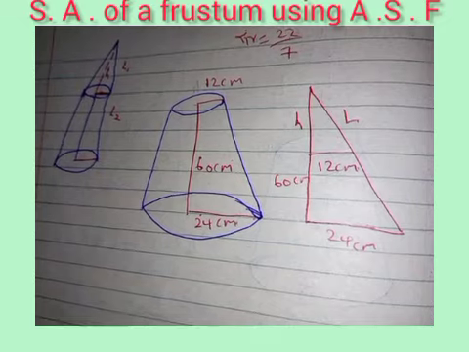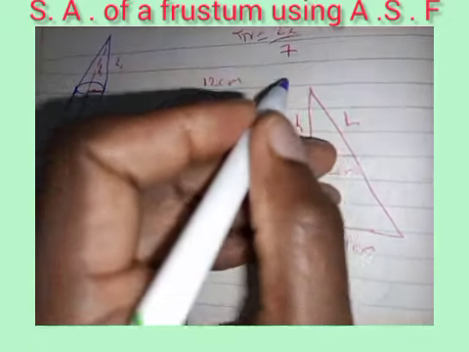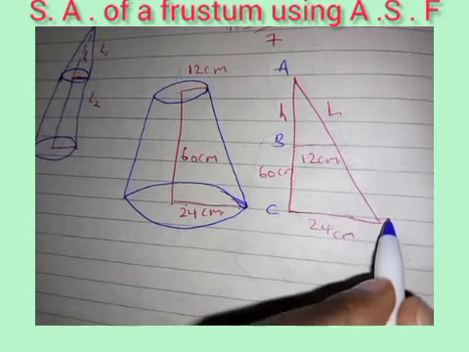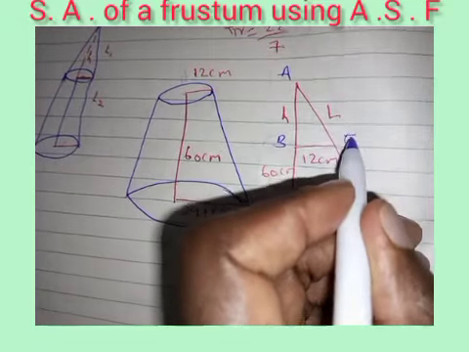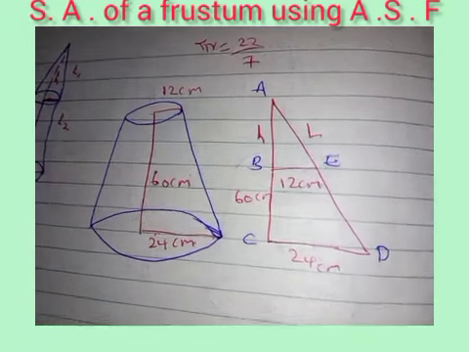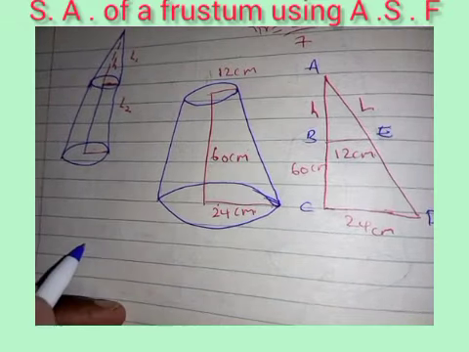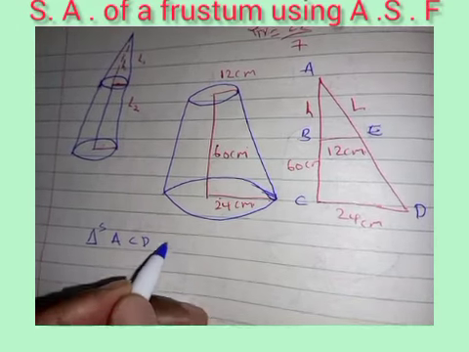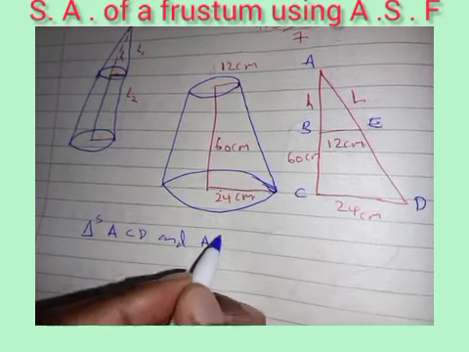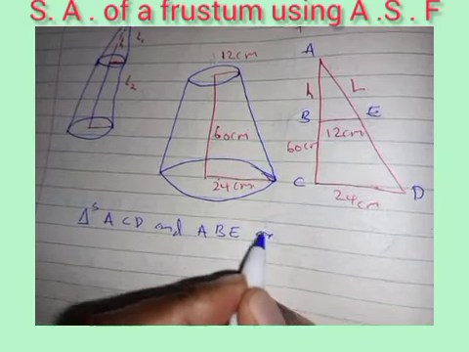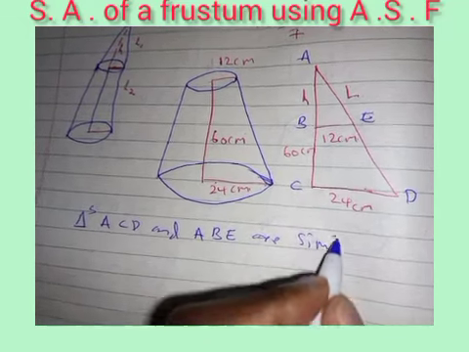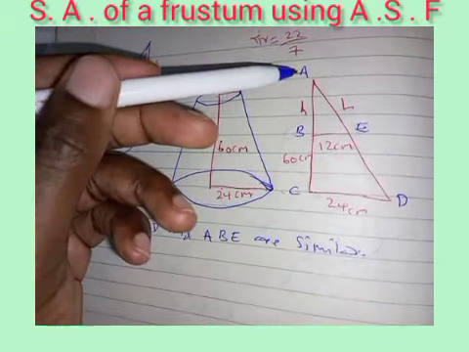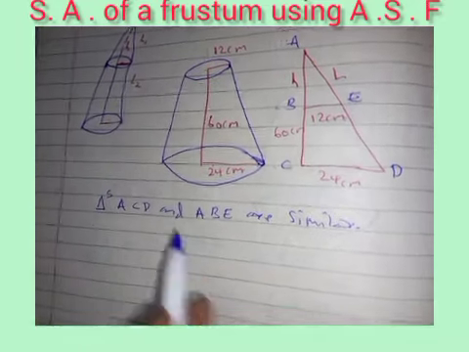So we are going to use similarity. If you are to label this triangle, you call this A, B, C, D, E. From that labeling, it implies that triangles ACD and ABE are similar.